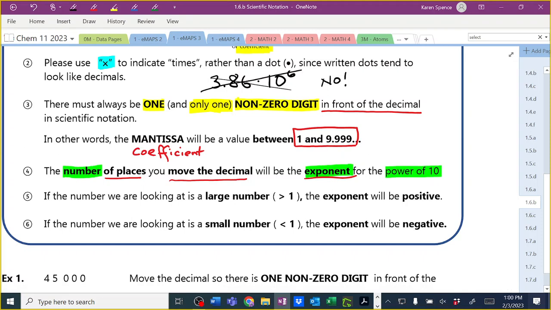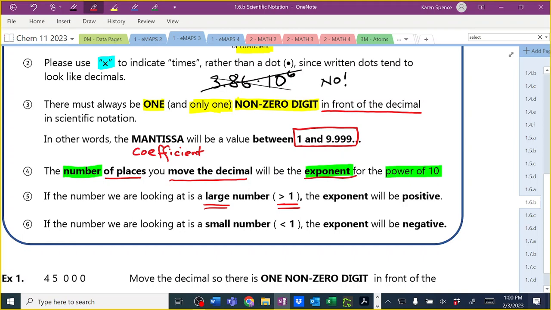If we are dealing with a large number, that is, if the number is greater than 1, which is what counts as a large number here, the exponent will be positive. So if we had 347, our power of 10 would be 10 to the something positive.